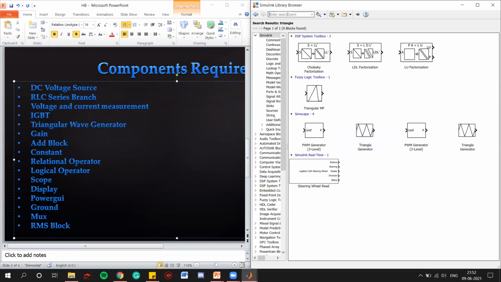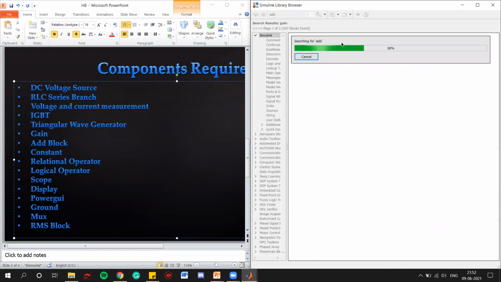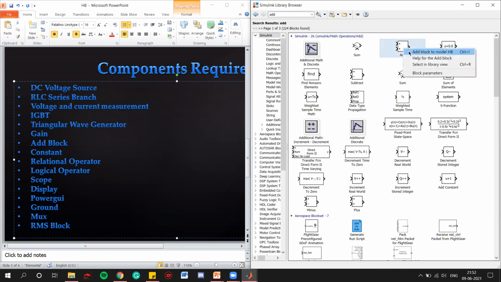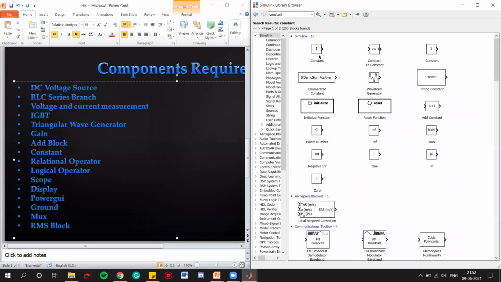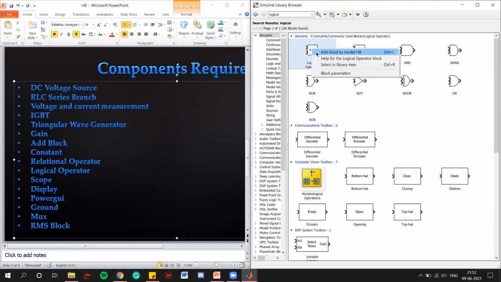So let's take one gain block. Now we'll take add block. Then let's take constant. Relational operator. We'll take logical operator. We'll take scope.